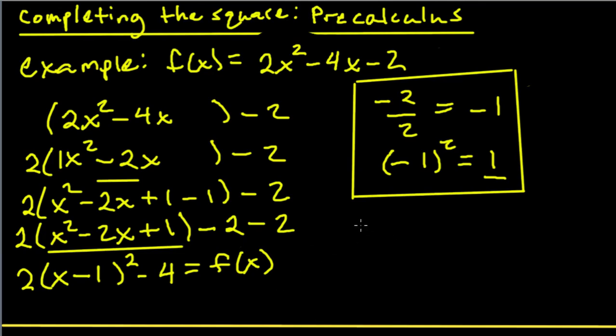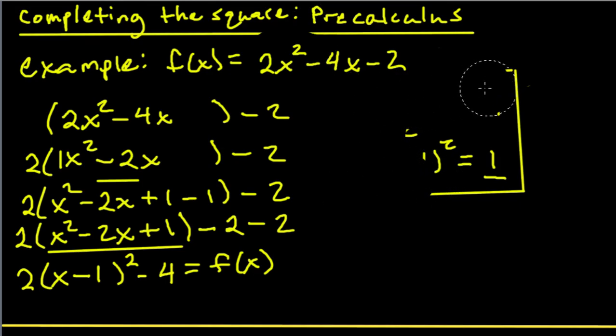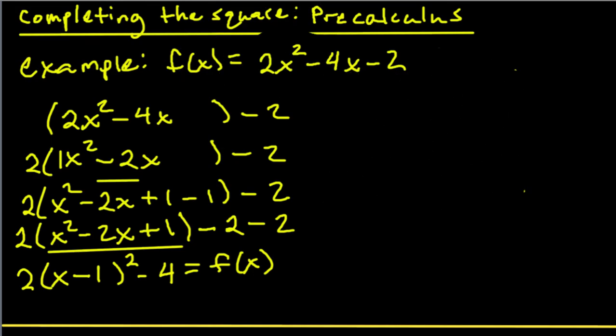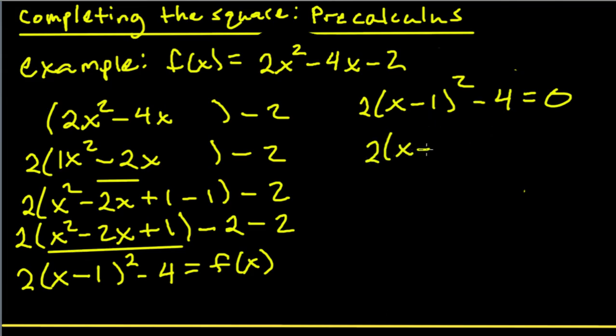To find our x-intercepts, let me erase this. We'll set it equal to 0. So 2 times x minus 1 squared minus 4 equals 0. If we add the 4 on both sides, we can divide by 2. 4 divided by 2 is 2.